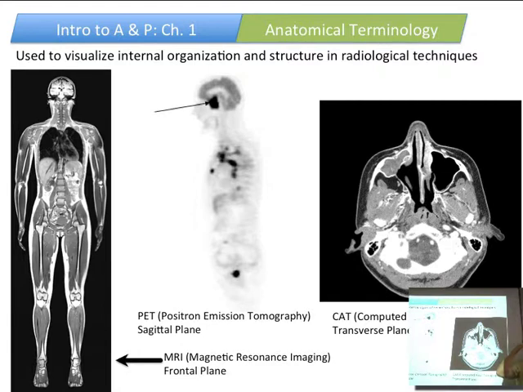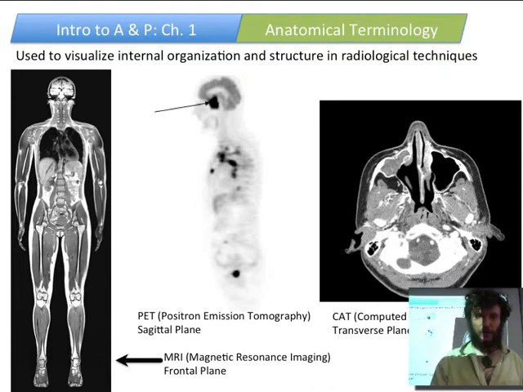What plane would that be? Transverse. And then this pretty poor image, that's a PET scan, sorry, showing some cancer in this individual. That's a head, that's his tail. What plane would that be? Sagittal plane, yeah.